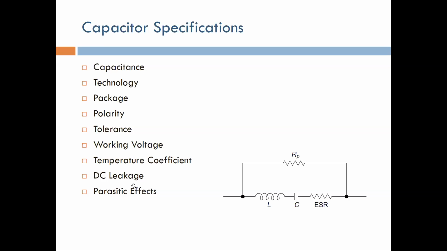There is something called also DC leakage. DC leakage, we're going to talk about it at the end of the lecture, but not this lecture, probably next lecture, inshallah. The parasitic effects also are present here in the capacitors. These are related to the DC leakage because there's a leakage resistance in the capacitor, which actually makes sense.